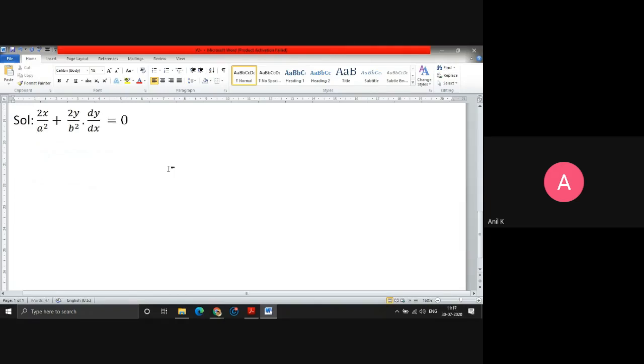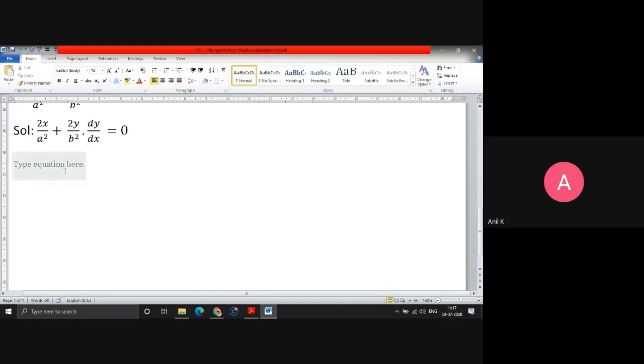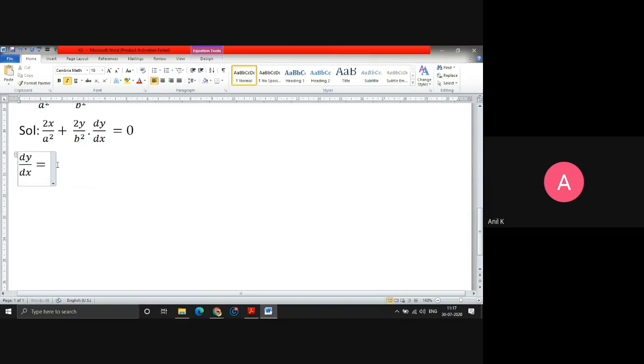Next step, I'll simplify this before I go to the second derivative, so that my calculation becomes easier. Keep dy upon dx on the LHS only, and send the other terms to the right hand side. First, this 2x by a square will go to the RHS as minus 2x upon a square.